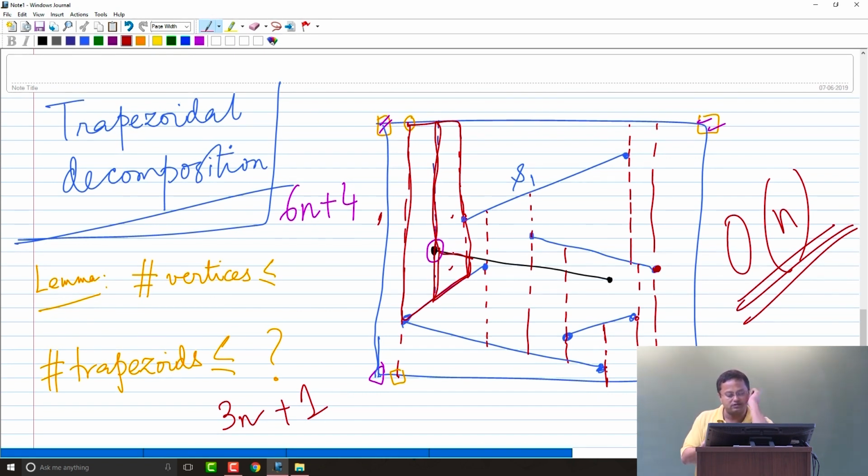Now, this cell has been taken care of. Now, I walk along this line segment, okay. I get into this new trapezoid, and it is being pierced by this line segment, right. So, it breaks up the original trapezoid into two parts, this and this. So, I had this, this, this.